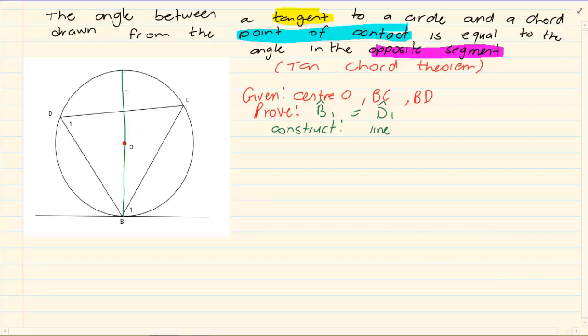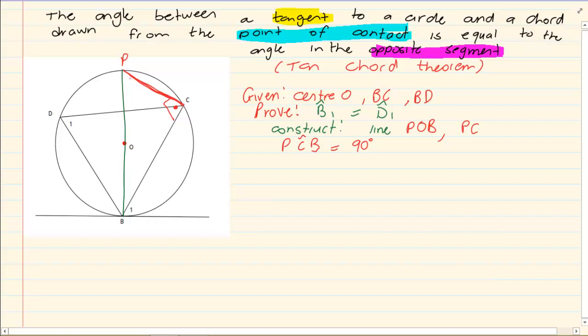Right, so we're going to construct a line. We're going to call it POB. Then we're going to join PC. So now we've constructed line PC. POB is a diameter. Then we know angle PCB is equal to 90 degrees.